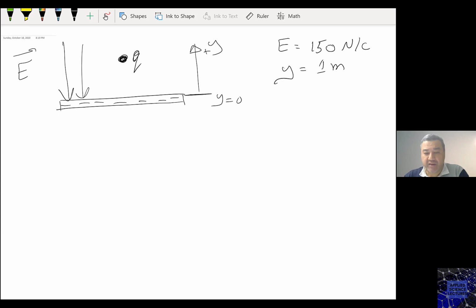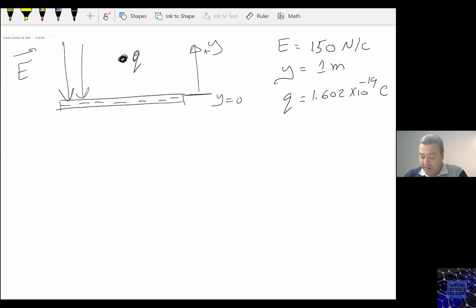We need to calculate. So we have here the charge as 1.602 times 10 to the power minus 19 Coulomb. We need to calculate the electric potential energy relative to the plate.